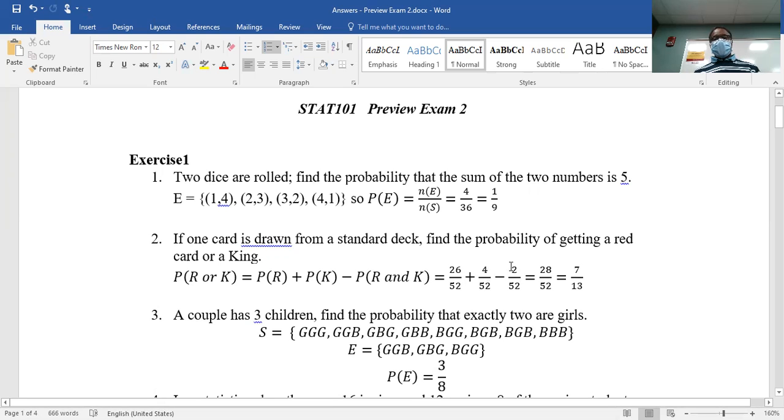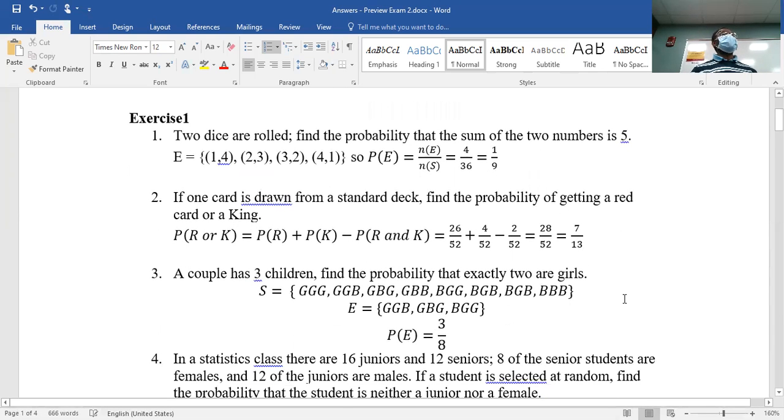How many kings are red? 2. That's the and. So we use this rule to have 28 over 52. Because it is an and. It's not given that. When you say given that it is red, then you have that it is red already. You know it is red.